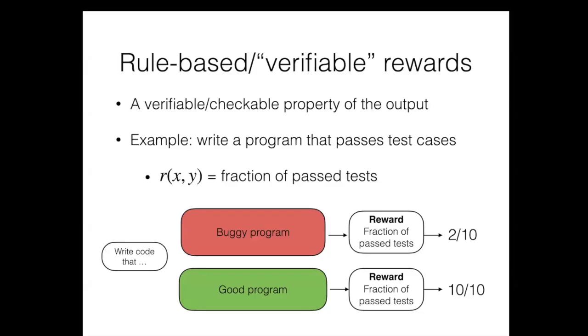The fact that a program passes a finite set of test cases doesn't necessarily mean that it's a perfect program, right? You might not have perfect test coverage, for instance. And so people might refer to this as a verifiable reward, but in some sense, these test cases might not actually be a perfect verifier of whether this program is implementing the original intent of the program.